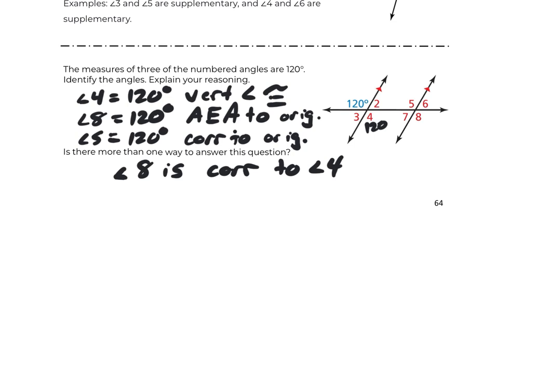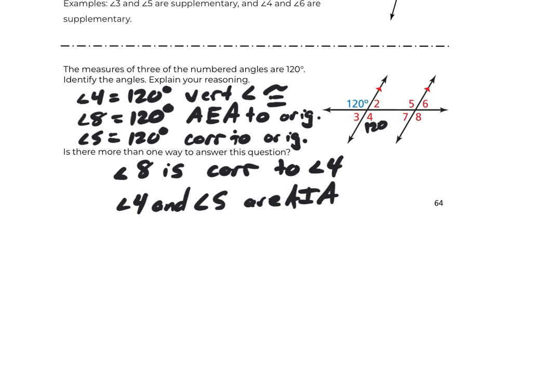Okay? I could say angle 4 and angle 5 are alternate interior angles. So there are a lot of different scenarios I could use here, right? And so I could say angle 4 and angle 5 are congruent. So once I found 4, I could have used 4 to find 5, right? So I'm just giving you a couple scenarios.